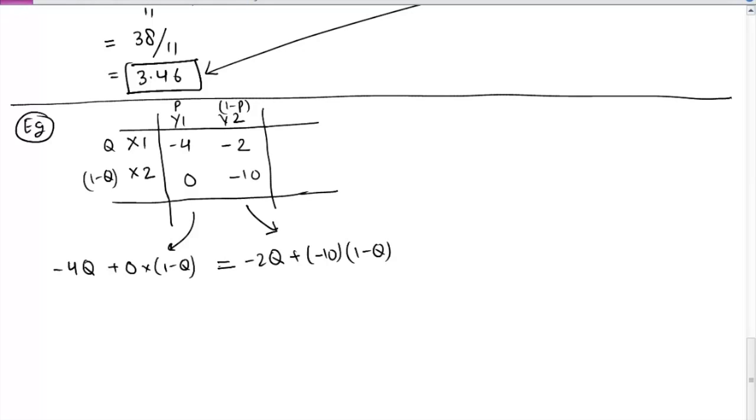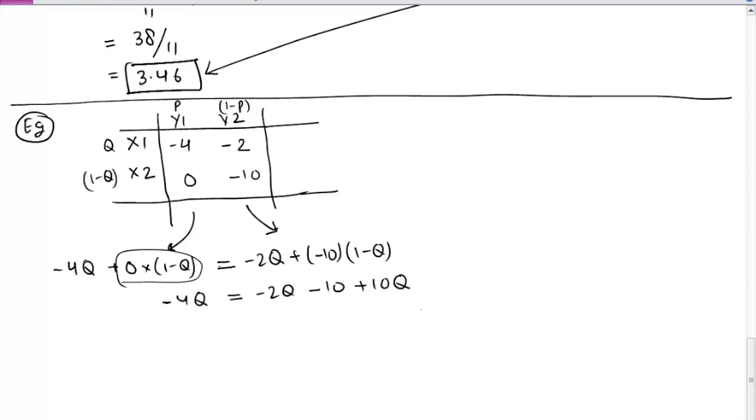So we are using these values in the payoff table and multiplying by the proportions. If you simplify this, this whole thing becomes 0, so you are left with negative 4q. And if you simplify the other side, you get negative 2q, negative 10 plus 10q.